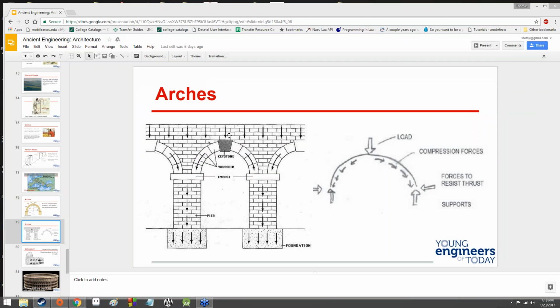So it's a pretty ingenious design. Now, in addition, generally they'll need some forces that point inwards in order to keep the arch from just exploding outwards dramatically. But again, that's all part of the design of the arch.